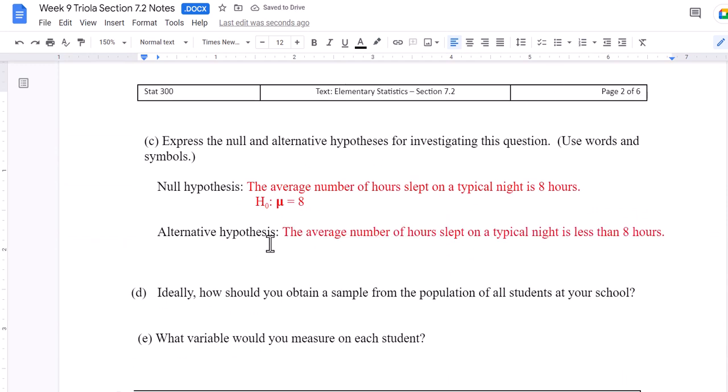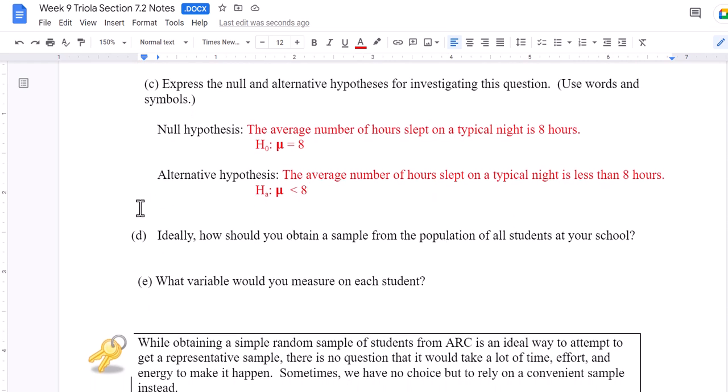In words, we can say the average number of hours slept on a typical night is less than 8 hours. And in symbols, we're going to say H sub A, for alternative. The null is H null, or the null hypothesis, and HA is the alternative hypothesis. So the mean number of hours slept the previous night is less than 8.